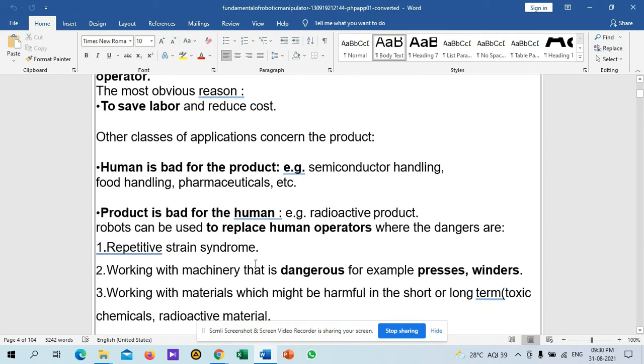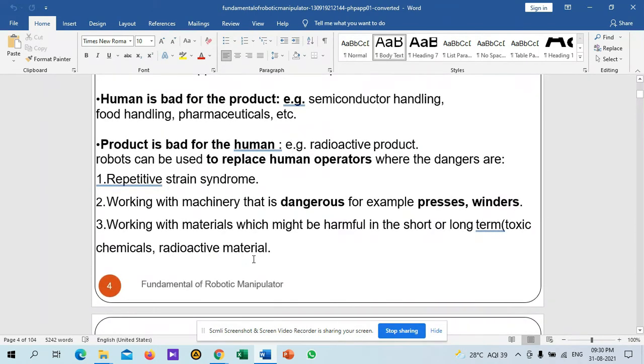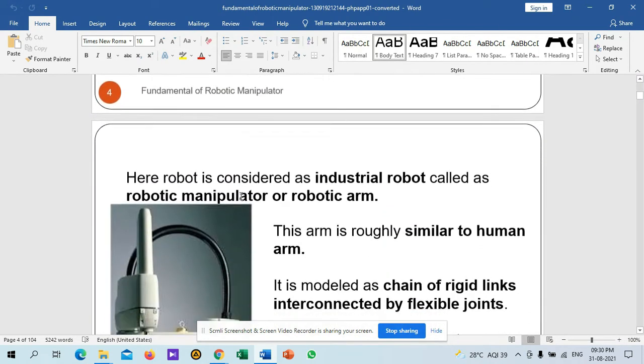Some work needs perfection. There we use robots for high efficiency of working. These are some examples.